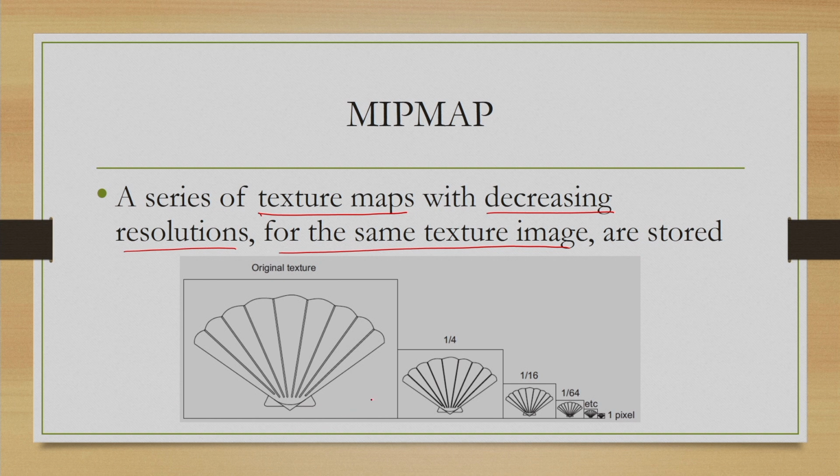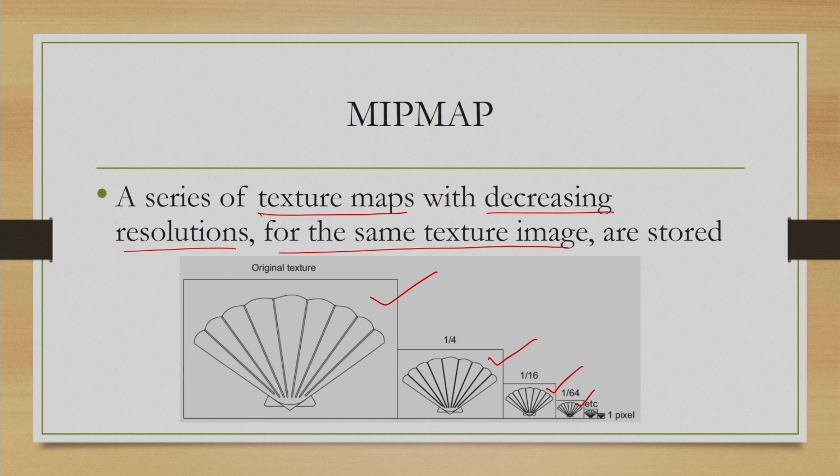So in the MIP map technique we may store all these texture maps for the same image with different sizes as shown in this figure. So this is one image, this is another image, and another image. As you can see, progressively the sizes are reducing, although the image remains the same.